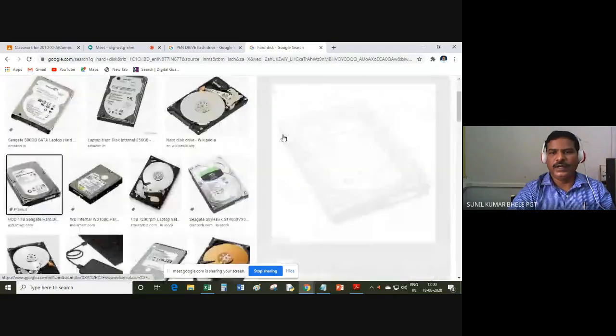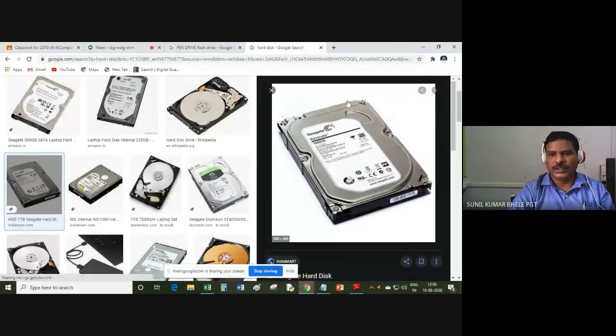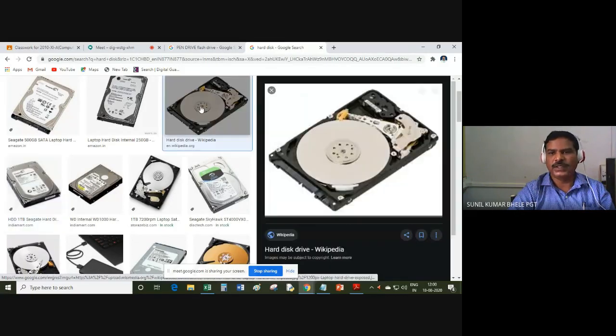So this is the hard disk actually. It is enclosed in a protective case. That's why you are not able to see the real image of the hard disk. Hard disk looks like this. It is a circular magnetic disk. So this hard disk is divided into tracks and sectors. I will explain what tracks and sectors are, and there is a read-write head.